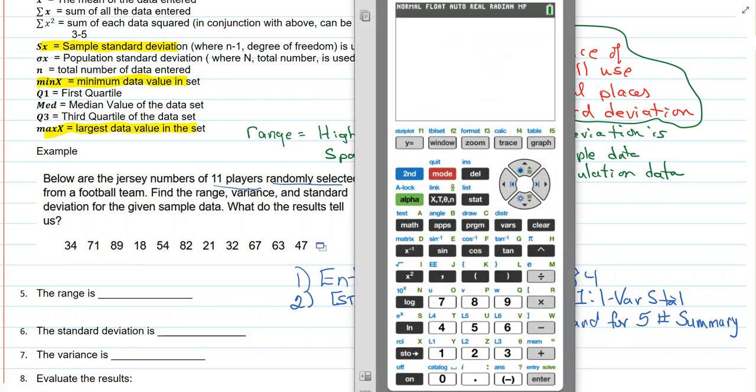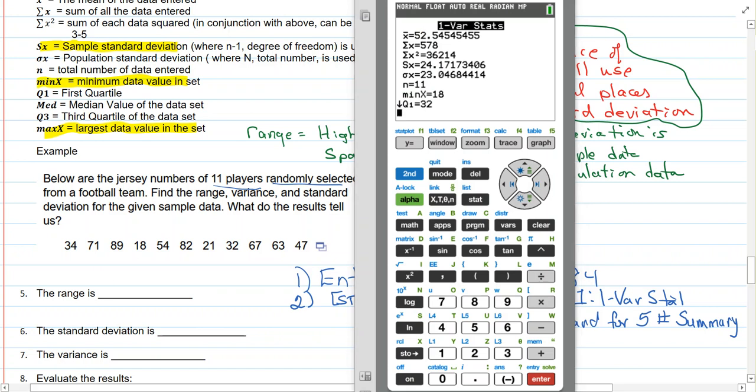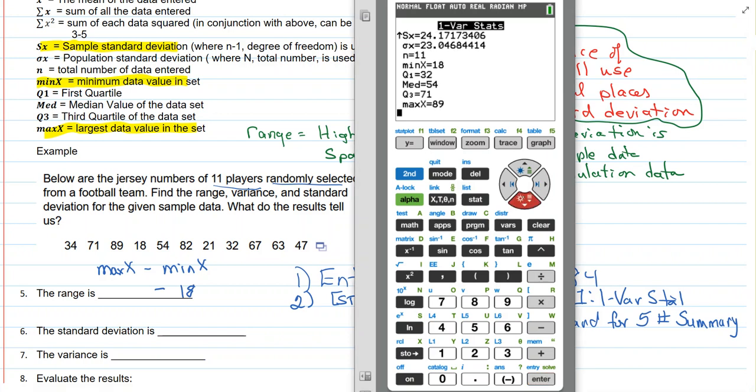I'm going to go to Stat, arrow over to Calc, and then I'm going to choose number 1 by enter. And then I'll enter, enter, enter. So you do 3 times enter, and you'll see this. So they want the range. So I need the high minus the low. Well, the min-x is 18, and the max is 89.